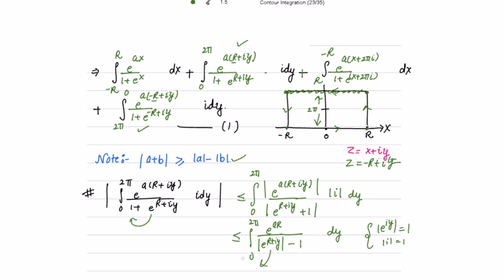And this can be written as e to the power r dot e to the power iota y, and this mod is 1. So we are left with e to the power r only. So that is why, let me write here now as e to the power r minus 1.